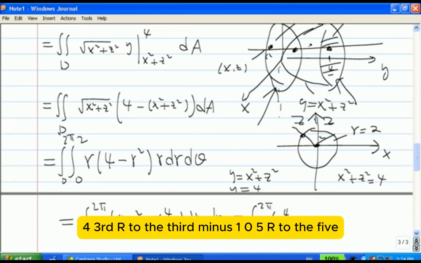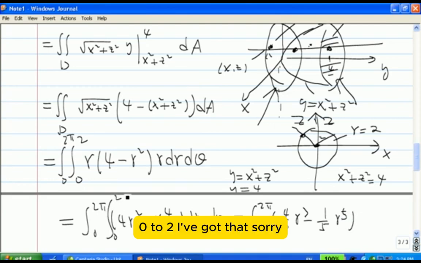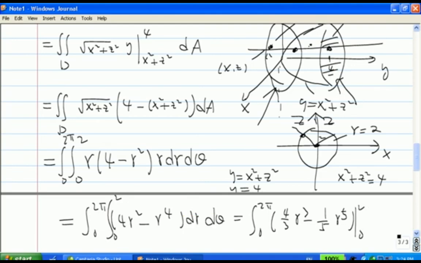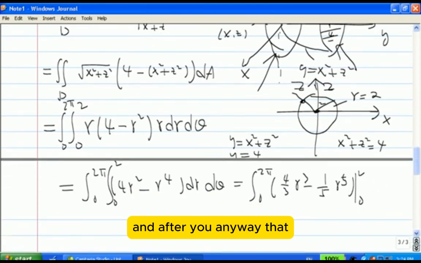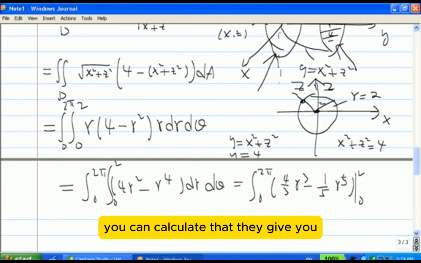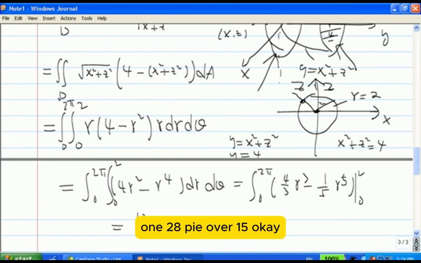That gives 4 thirds r to the 3rd minus 1 fifth r to the 5th, from 0 to 2, I forgot that, sorry. After you integrate that, you can calculate that it gives you 128 pi over 15.